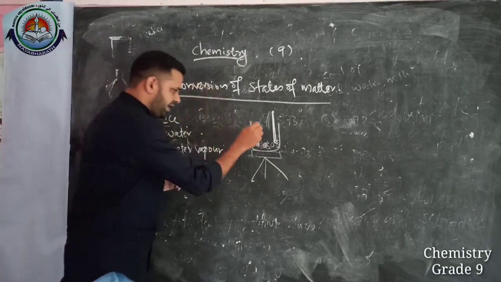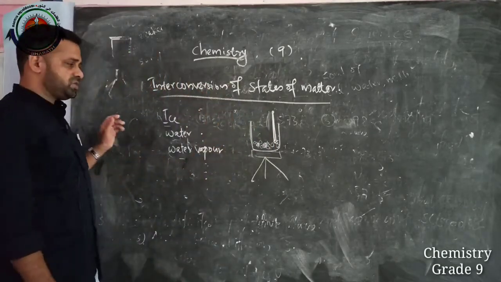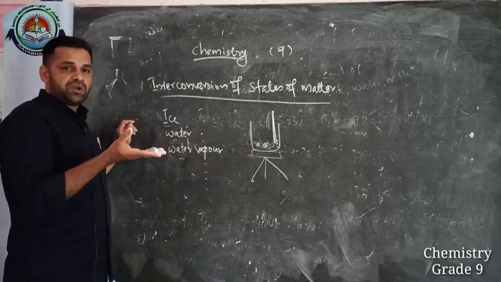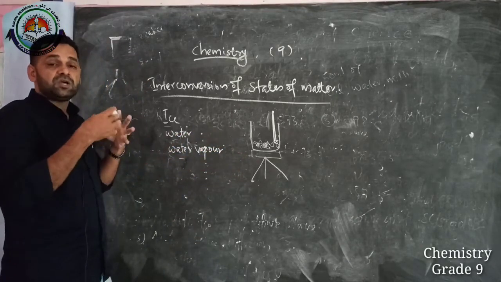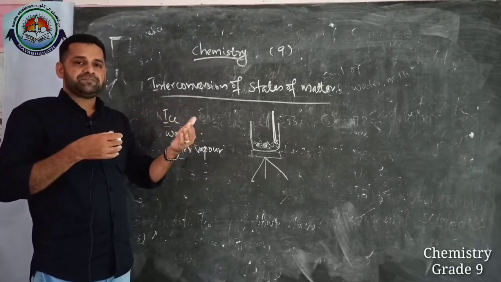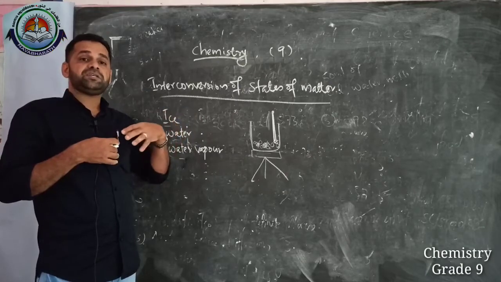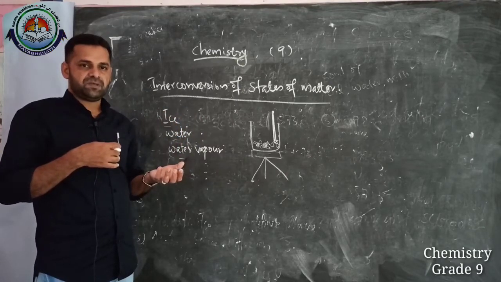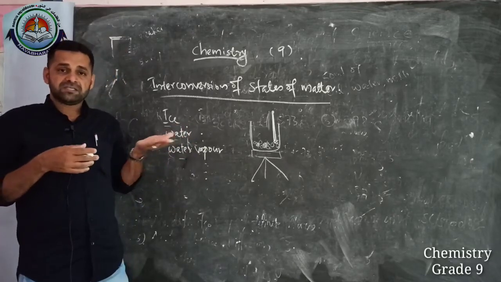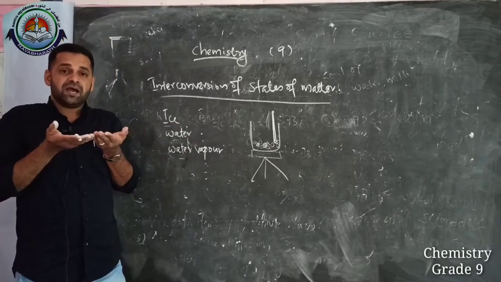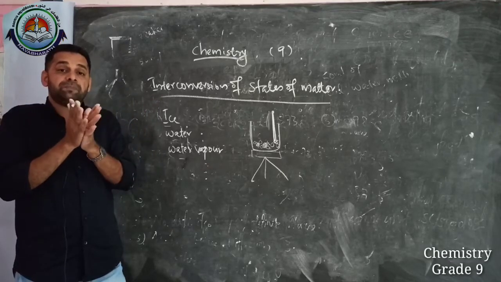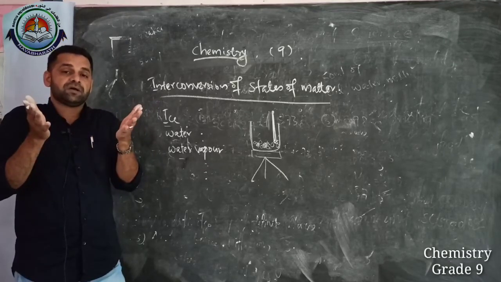In the case of ice cubes, we know that since ice is a solid, the particles are very closely packed. They are not free to move because they are tightly packed, and there is no space between the particles.